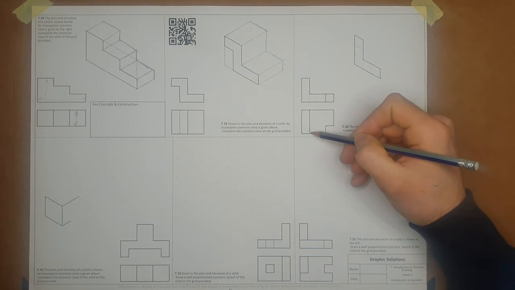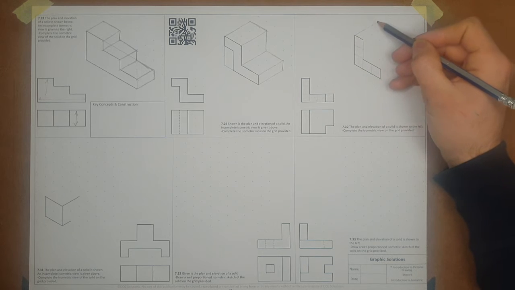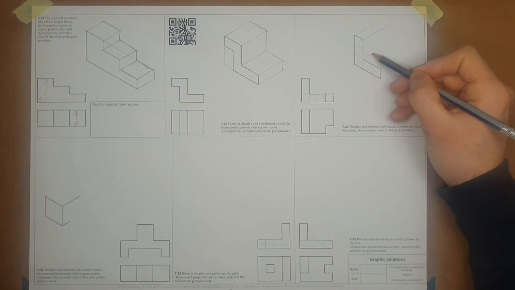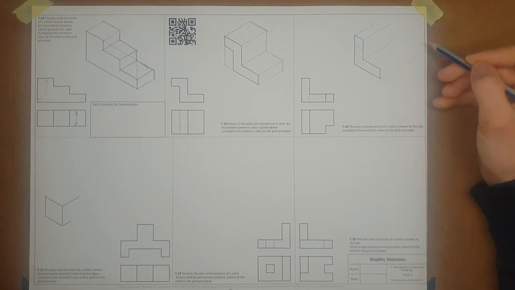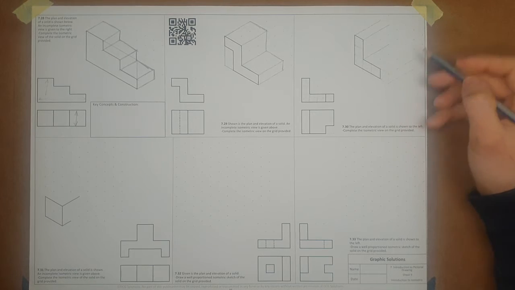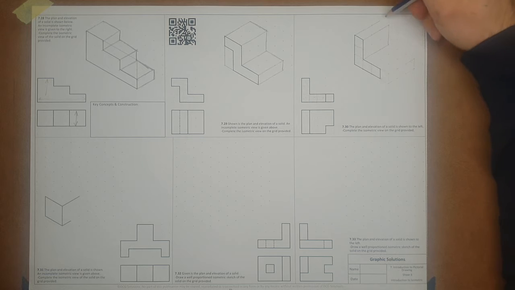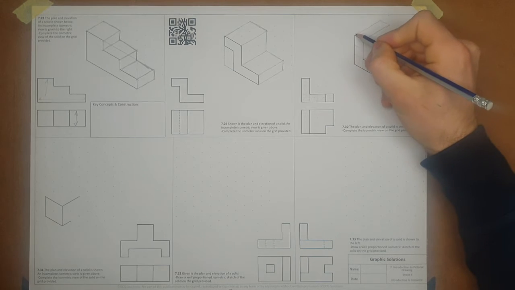The full depth of it is 1, 2, 3. So I'll go back here, 3, 3. I'll do the same here at the front, and I can join the dots at the back, acting as if the front corner is full. Next, I'll heavy in the parts that can be heavy.